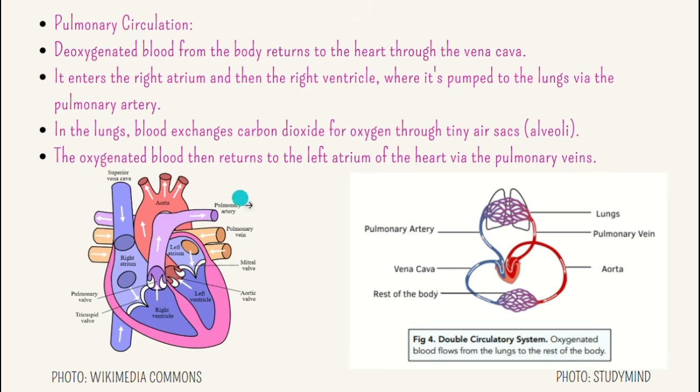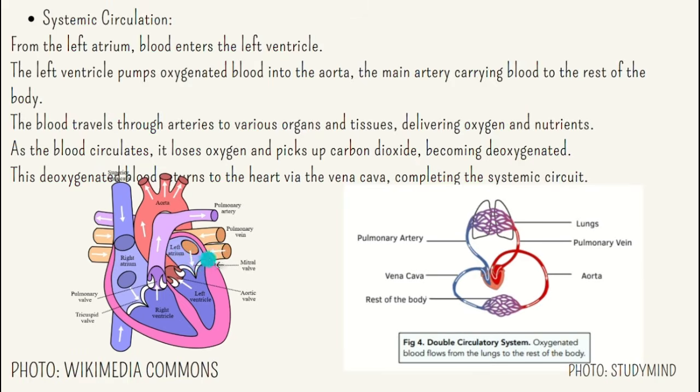When it comes back, it enters through the pulmonary veins and then goes to the left atrium, right? When it goes to the left atrium right here, it's going to enter the left ventricle, and then it's going to pump oxygenated blood into the aorta, and then the aorta to the rest of the body, right? So all these different organs and tissues that need this oxygenated blood are going to get it, and that is how we say that blood goes through the heart twice, right?